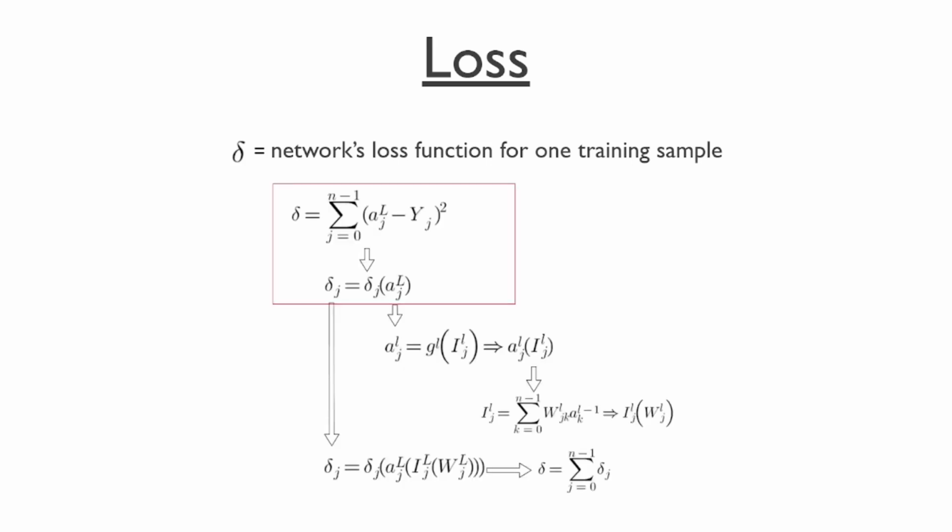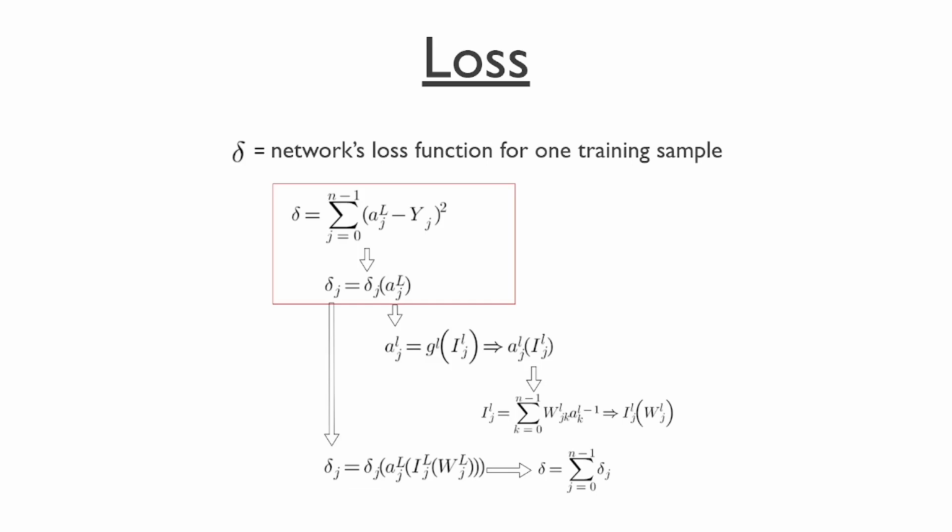Let's think about a single node j in the output layer. Since the loss for our entire network has been defined as the summation of the loss calculated at all nodes in the output layer, we can think of the loss at just node j as delta sub j, and it is equal to the activation output of node j in layer L minus the desired value for the node, squared.